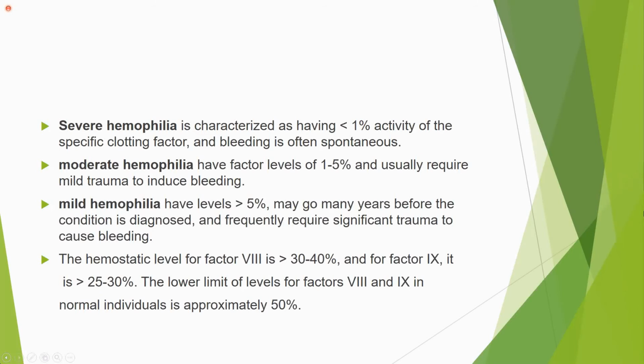This is called the hemostatic level. The lower limit of the levels for factor 8 and factor 9 in normal individuals is approximately 50%. So we will diagnose a case of hemophilia if the factor activity is less than 50%.